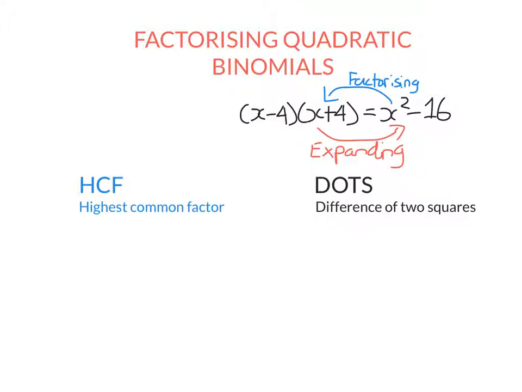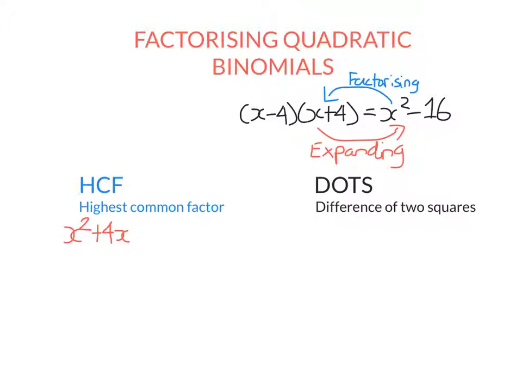So let's look at some examples of highest common factor. So x squared plus 4x is an example of a quadratic binomial for which we would use highest common factor. So this is a quadratic because of the x squared term, and binomial because it's got two terms, x squared and 4x. So these terms have a common factor, and that's why we use the highest common factor method.